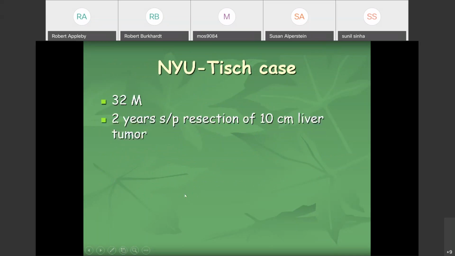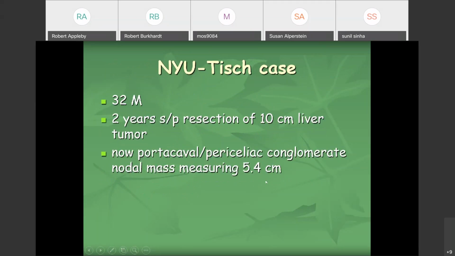A case of a young man who had already had a resection of a 10 centimeter liver tumor, which was fibrolamellar carcinoma. Now they want to rule out metastasis in the lymph node.